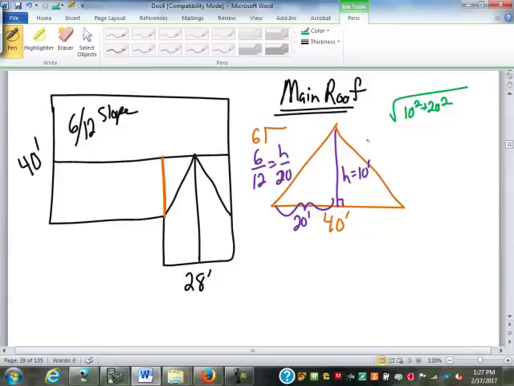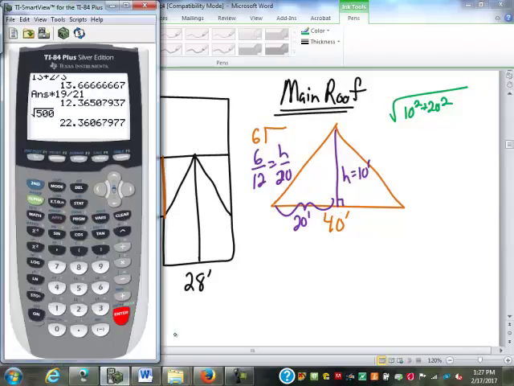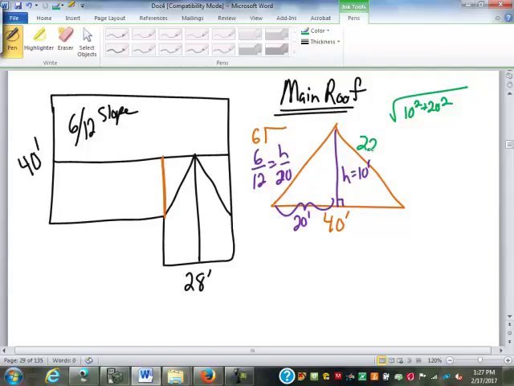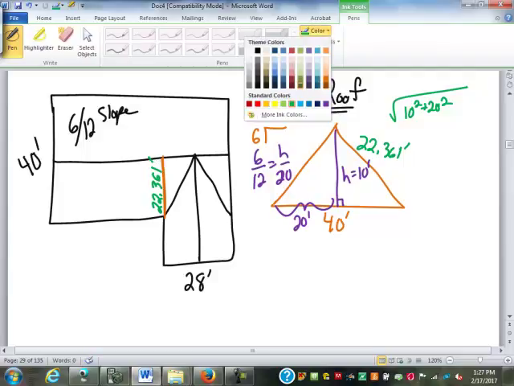Square root of 10 squared plus 20 squared is 22.361 feet. Yep, square root of 500. So this here is 22.361 feet. We good so far?